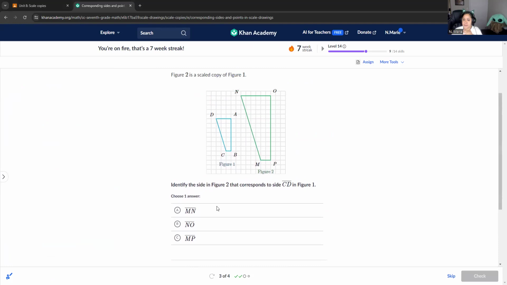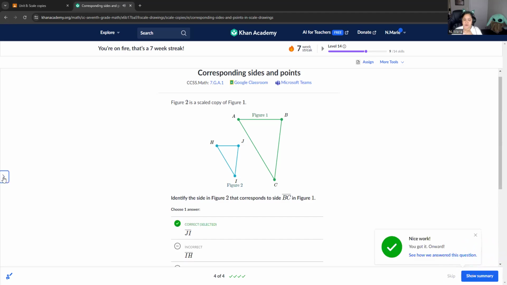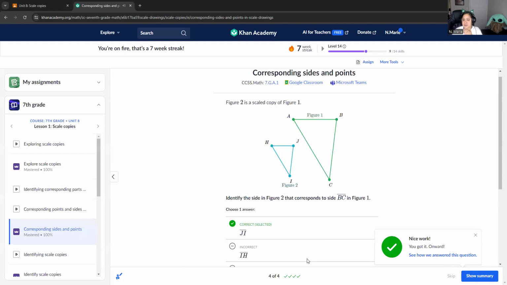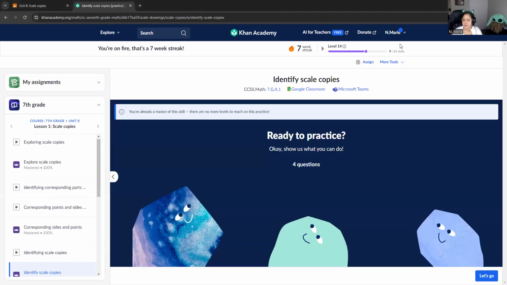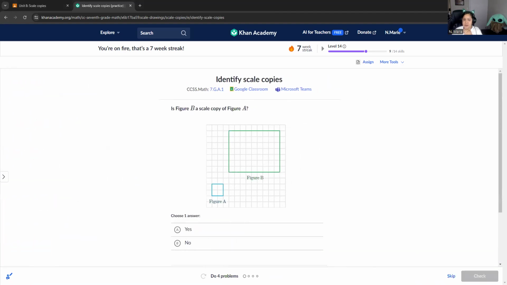CD would go with MN, right? It must go in that order because C goes with M, D goes with N. Where would BC go with JI? And so that part's very, very easy. You're just matching up the corresponding sides and points. And so now we're identifying scaled copies.